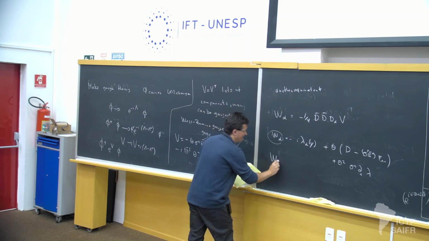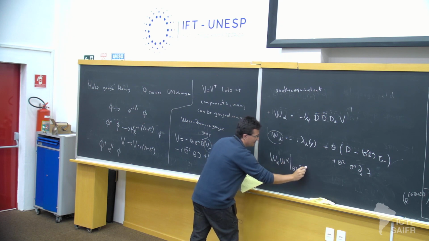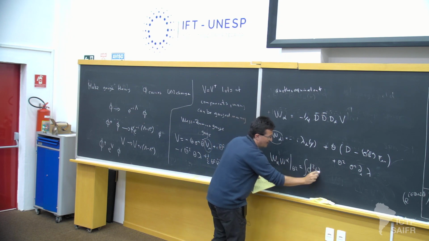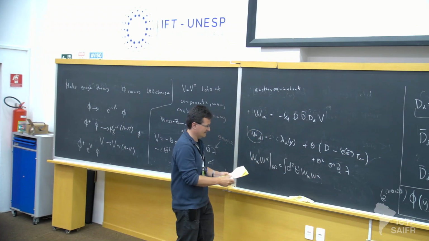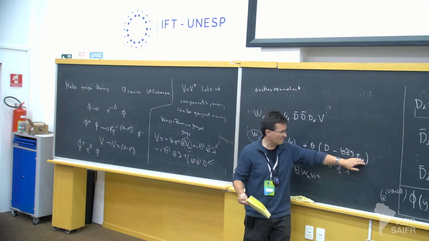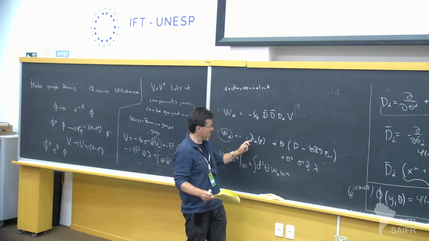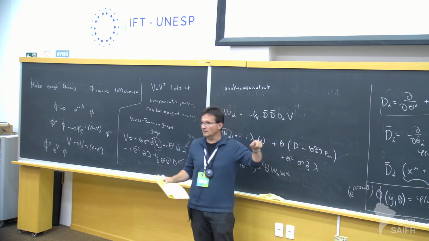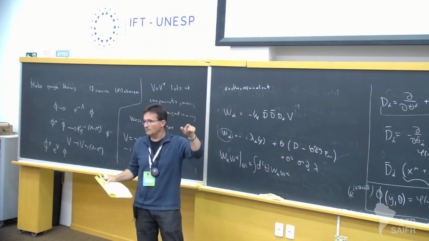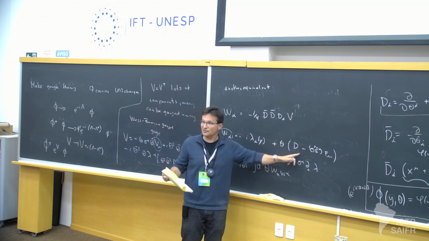So if I take W alpha W alpha theta squared, which is again the d2 theta of W alpha W alpha, this is going to contain the kinetic term for F, so it's going to contain the F mu nu squared. It will contain the usual kinetic term for the gauginos, the lambda bar sigma bar D mu lambda, and the D squared term.